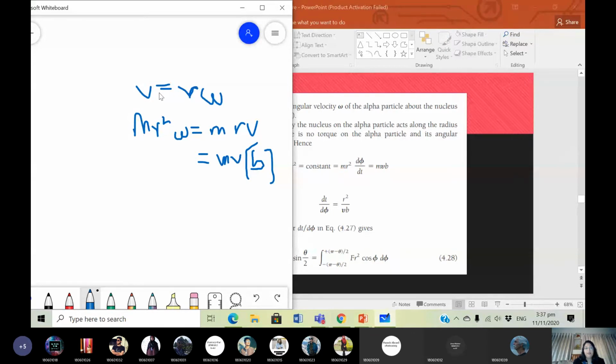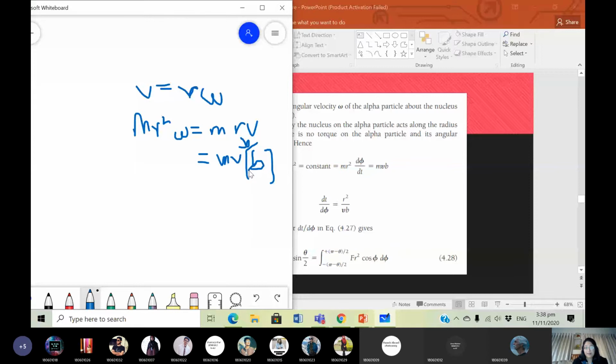So basically we know that V is equal to R omega. So m r square omega will be equal to m times r v, putting in V equals R omega, which is equal to mv times our distance r here, which is equal to our impact parameter, because that is the closest distance to which it comes, right?